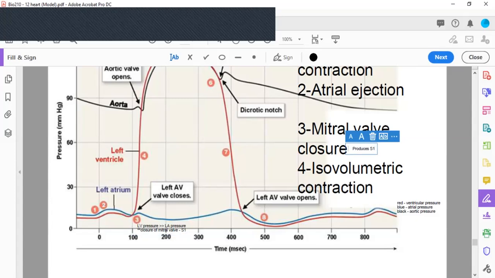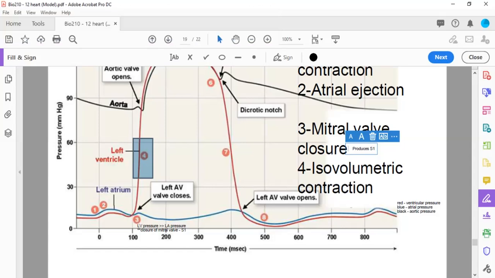Now, for 4, you can see the pressure in the ventricle is rising rather quickly. What that means is that it corresponds with what's known as isovolumetric contraction.